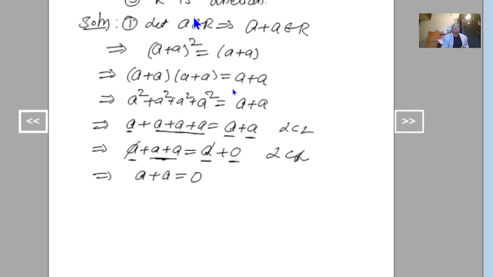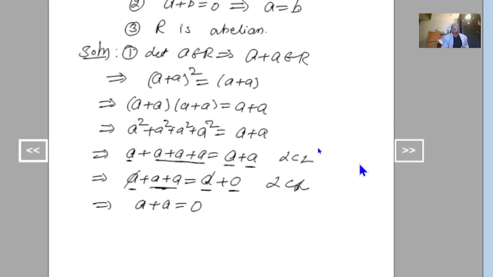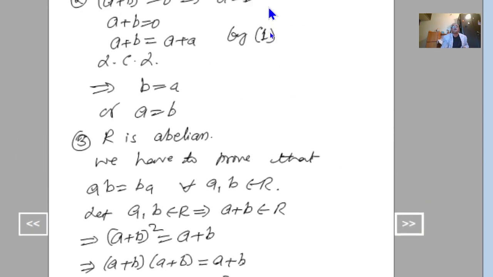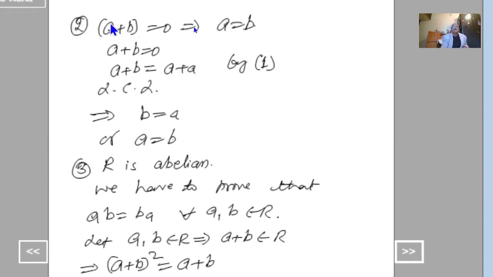Then what is our second result? Result number 2 is A plus B equal to 0 implies A equal to B. Right?